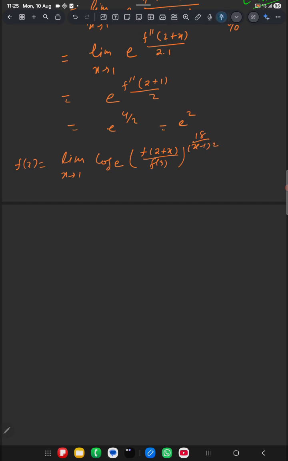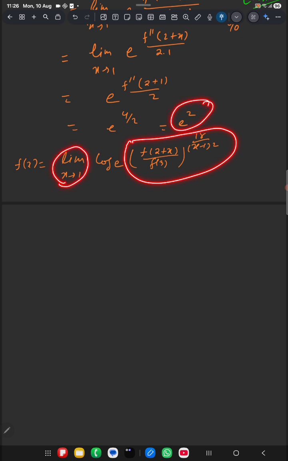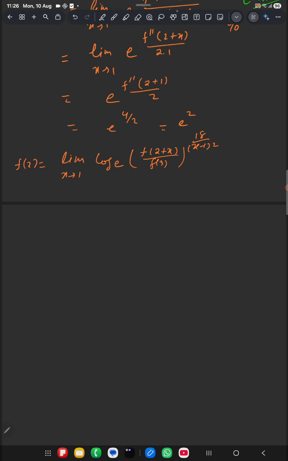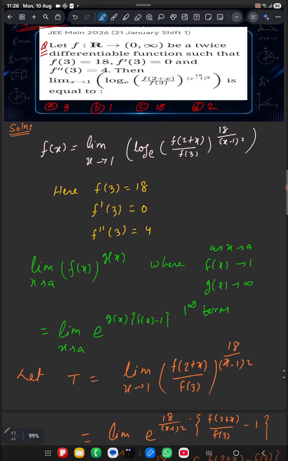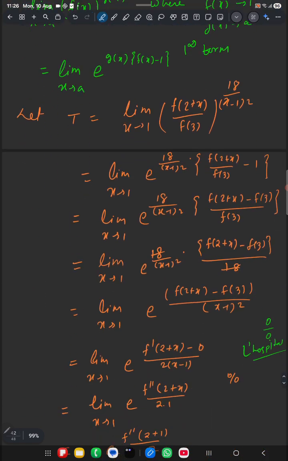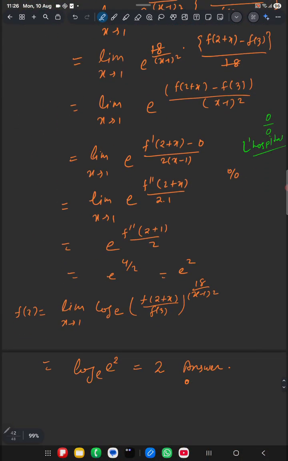Just now we have calculated this one with limit x tends to 1 as e power 2. So I will write it as log e of e power 2, which will give you 2. So this is your answer, and you can see which option this is. 2 is option D. Correct. So we will write option D correct. Okay, thank you.